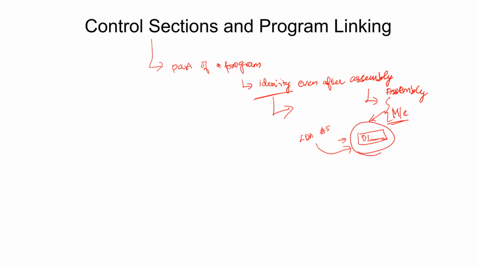Even after doing this assembling, some part of the program will remain like that, and only during runtime, after this is loaded into memory, it will get the value. Only at that time will those symbols be resolved, and that is called a control section. Control section is a part of a program that will maintain its identity even after assembly.